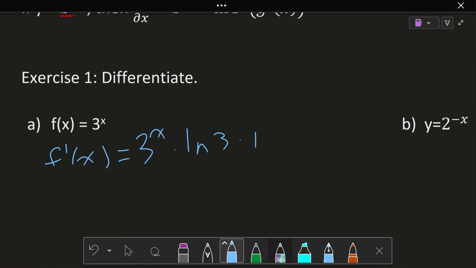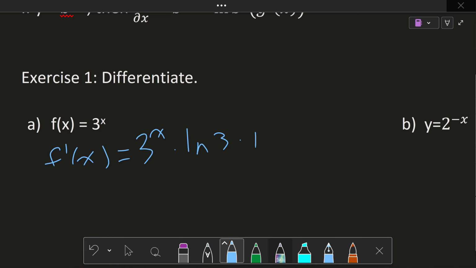So if my function is 3 to the power of x, then my derivative is 3 to the power of x times the ln of my base, which is 3, times the derivative of my exponent, which is 1. So I get 3 to the x times ln 3 times 1. All right, and then just cleaning that up, there's really not much I can clean up other than the fact I did that times 1, which I don't need.